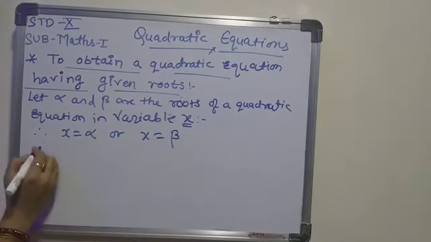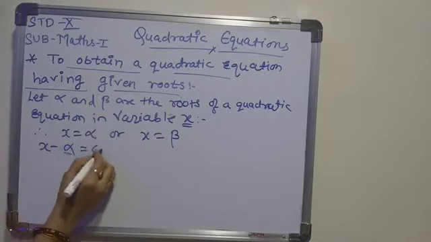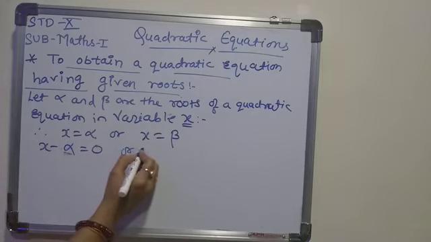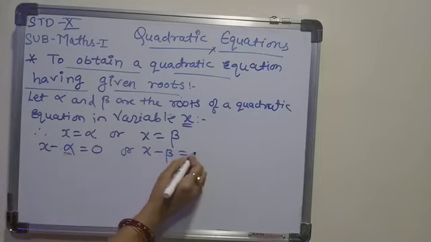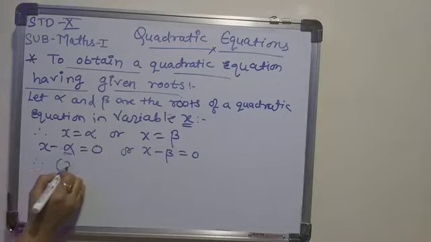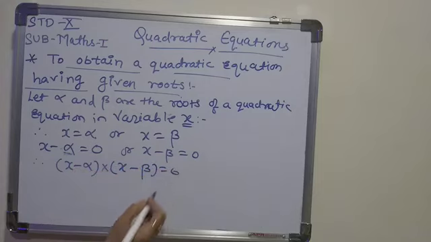Shift this alpha over here, you will get x minus alpha equals to 0, and here x minus beta equals to 0. Again, x minus alpha into x minus beta is equals to 0.